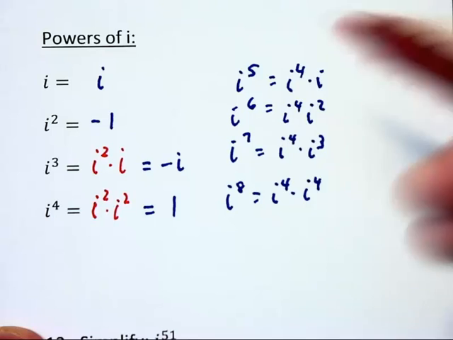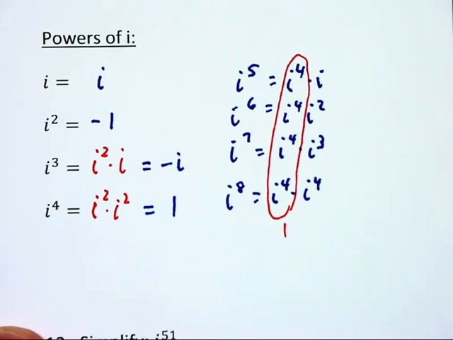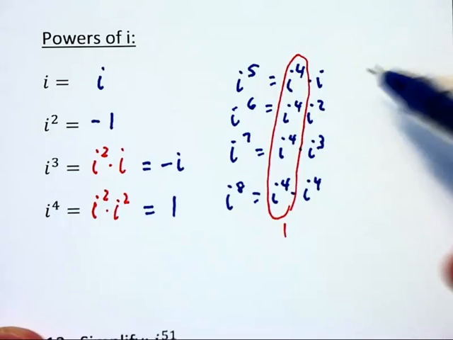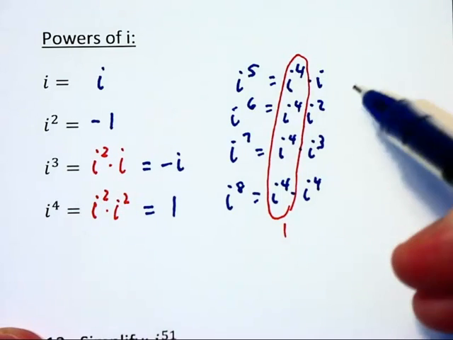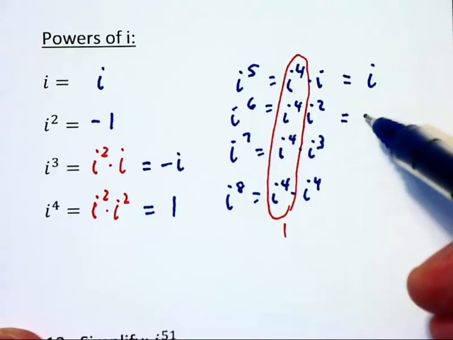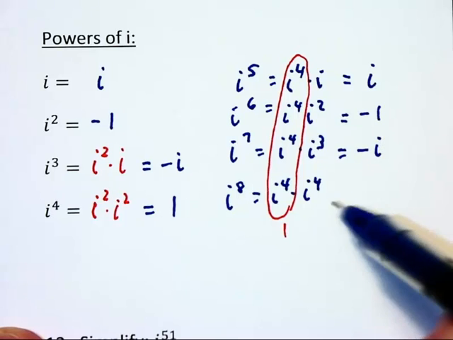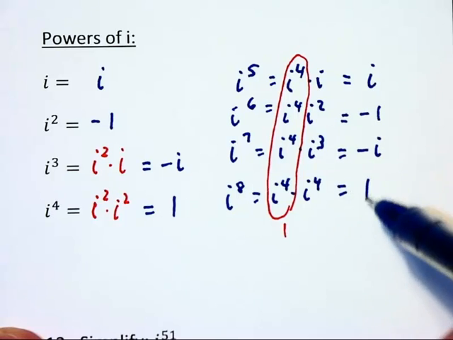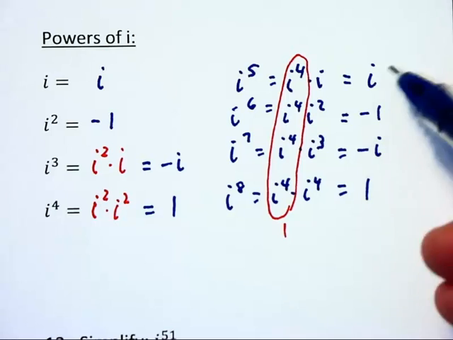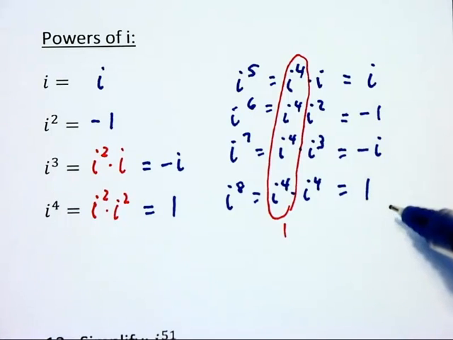Well, if you think about it, each of these i to the fourths basically are 1. And so the answers that we get will be the same as what we had over here at the left. i to the fifth will equal i. The next one will be i squared, which is negative 1. Next one, i cubed, which is negative i. i to the fourth, which is then positive 1. So every 4 powers are going to keep rotating through these numbers that we have here.